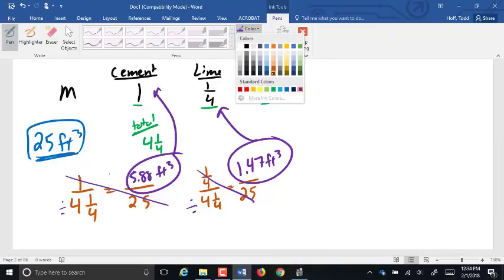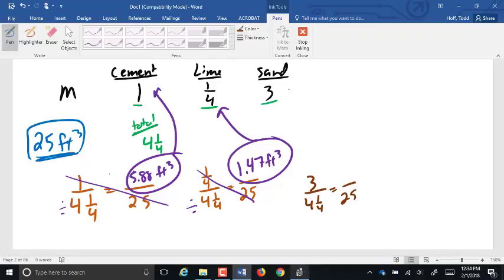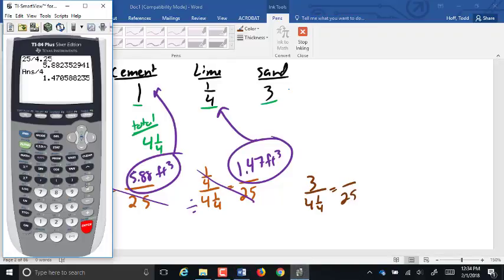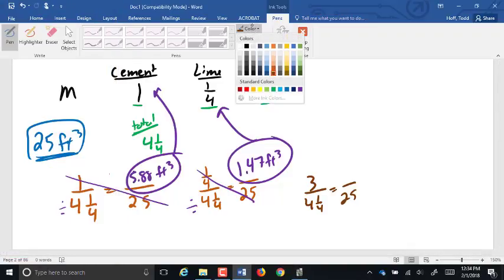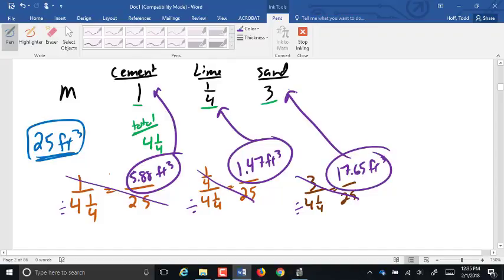The sand is 3 parts out of the 4 1/4 total parts. To figure out how much that is out of the 25 cubic feet, we'll cross multiply and divide. 3 times 25 divided by 4 1/4 is 17.65 cubic feet of sand. Does that make sense?